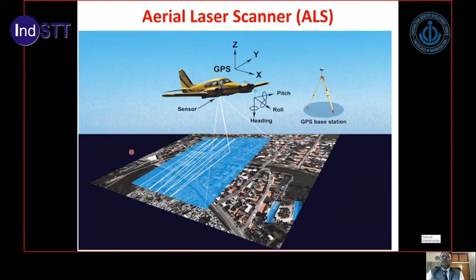What is the meaning of that? That means that all the laser beam dots which are falling on the surface of the Earth are collecting three-dimensional data, and with the help of the GPS devices, you can georeference the data and get the actual coordinates of the data.